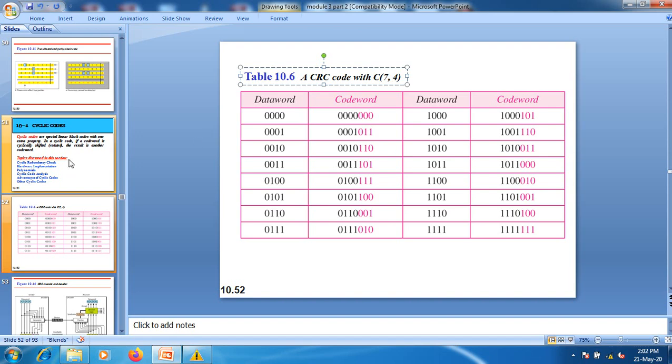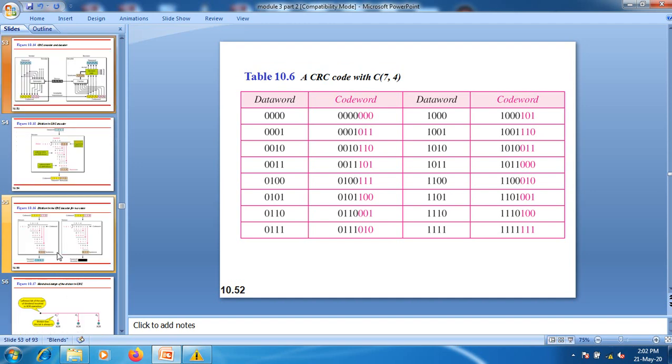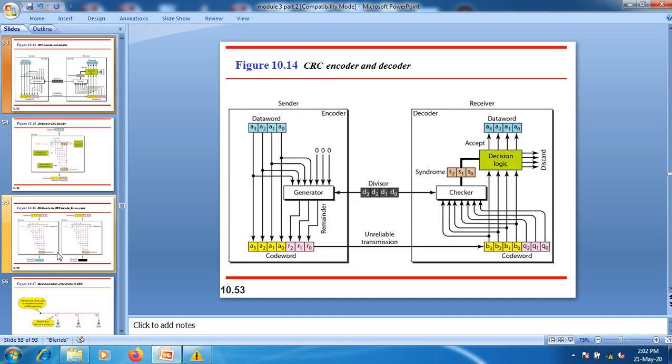When it comes to the concept, the sender and the receiver have a k-bit data word. Listen carefully.